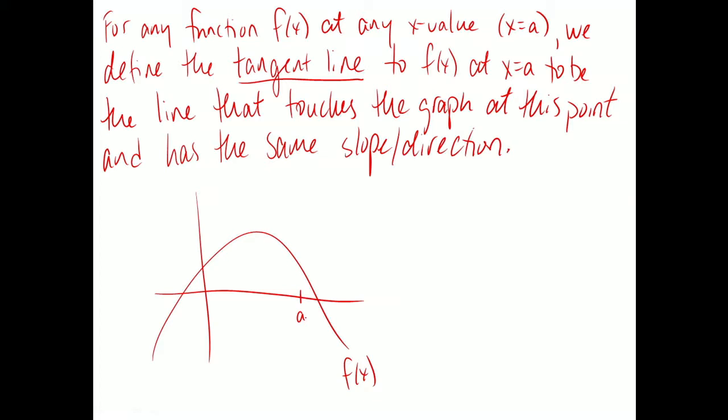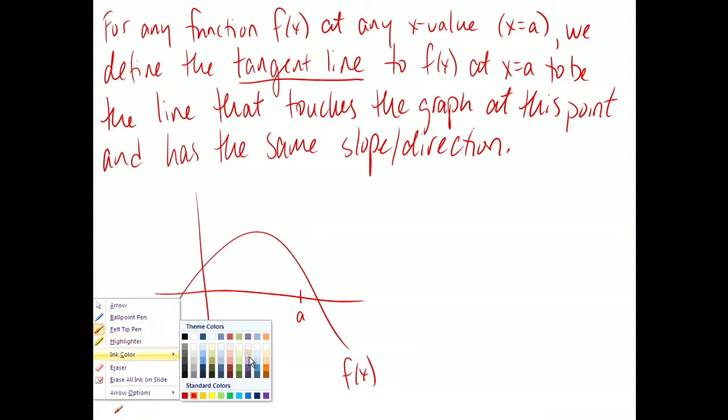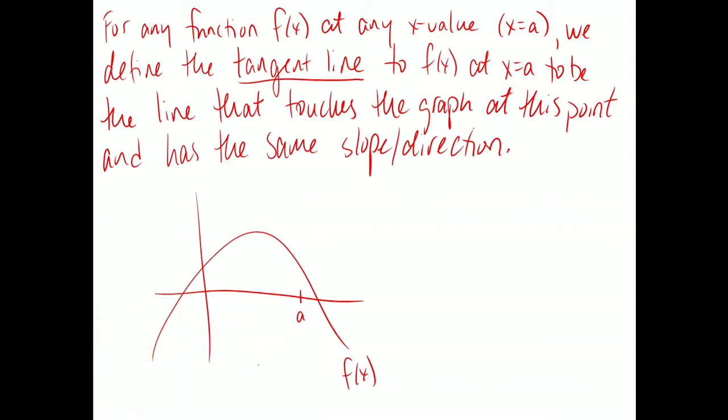So the tangent line is, and I'll switch colors here, quite simply just a fancy name for something we've been talking about all along. The tangent line is quite simply, if you went to that point on the graph, there in blue, and you drew a line that just basically touches the graph right there and has the same direction that the graph has right there, that is what we would call the tangent line.